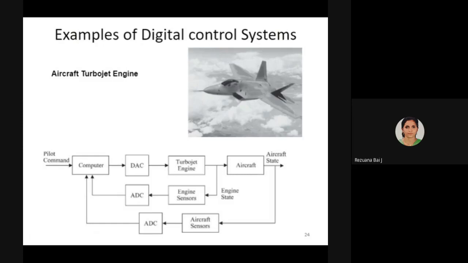The control requires feedback of the engine state, that is speed, temperature, and pressure, and the measurements of the aircraft state, the direction as well as the altitude, and the pilot command from the aircraft. These are compared and controlled inside a computer or a laptop. So this is another example of a MIMO digital control system. Of course, it is a feedback closed loop control system.